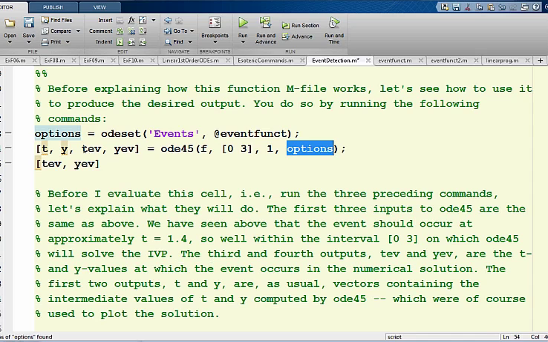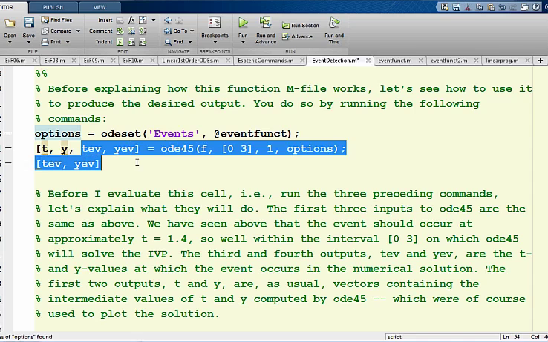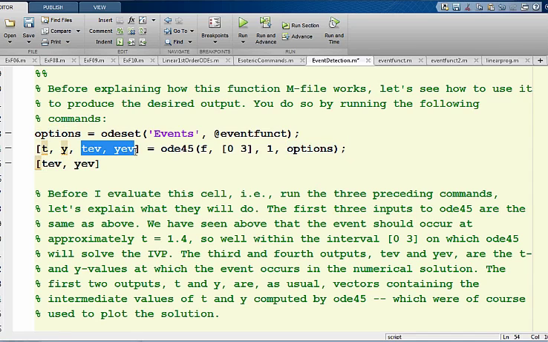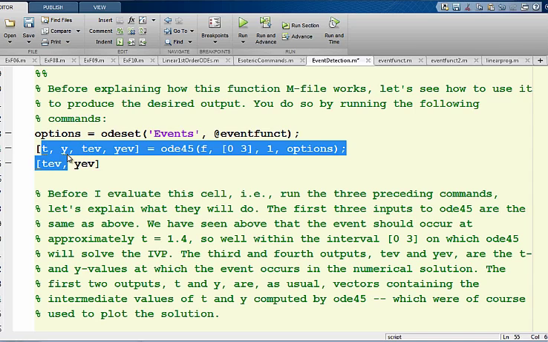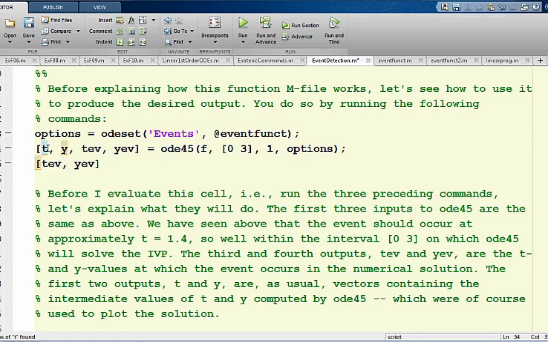The 3rd and 4th outputs over here are the values of t and y at the moment that the event occurs. The first two outputs here are just the usual vectors, containing the intermediate values of t and y that are computed by ODE45, and of course those are what are used to draw the plot.